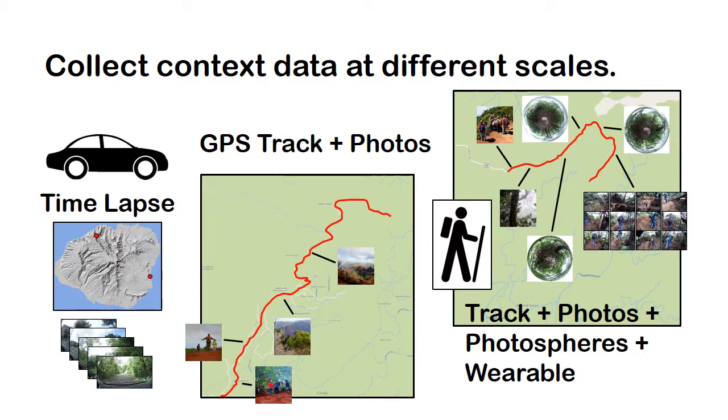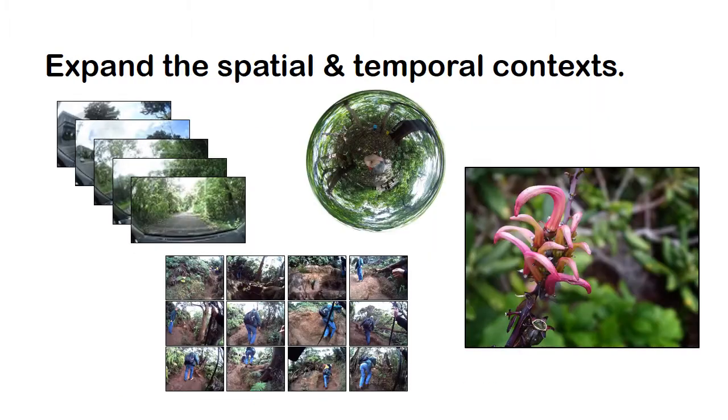Together, this photographic record provides a very fine scale, temporal and spatial documentation. By using all of the different cameras, you'll find that you've expanded both the spatial and temporal coverage of the documentation. You'll have a much richer photographic record without much additional work.